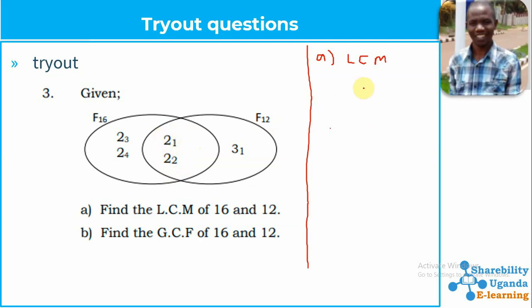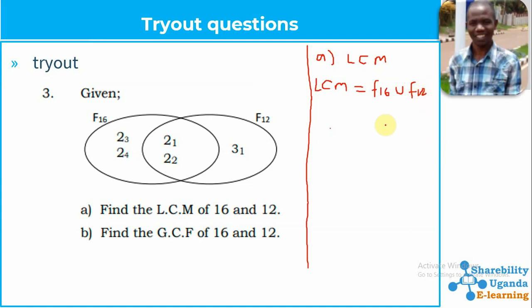Now, how do we get the LCM of 16 and 12 using this Venn diagram? Our LCM is going to be equal to the prime factors of 16 union the prime factors of 12.